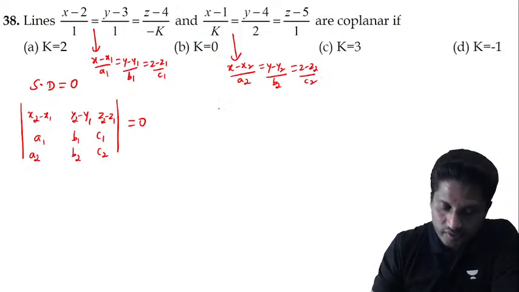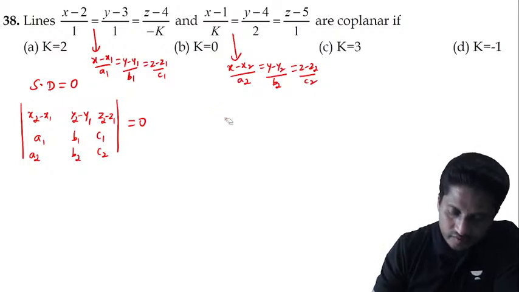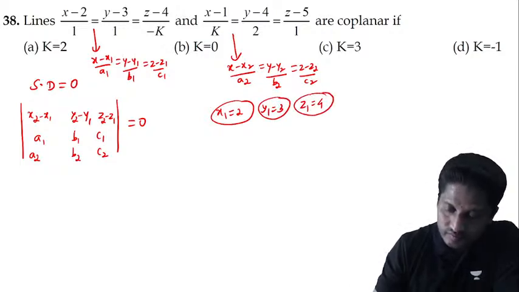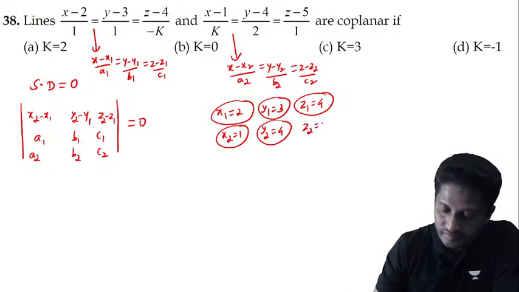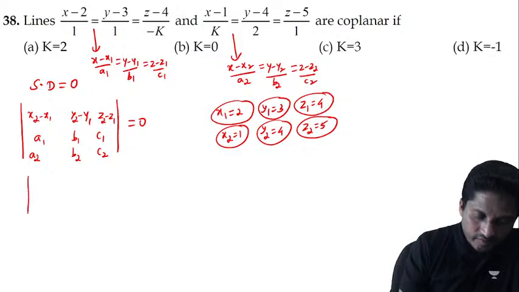So if you compare, x1 is equal to 2, y1 is equal to 3 and z1 is equal to 4. Okay, x2 is equal to 1, y2 is equal to 4 and z2 is equal to 5. Now if I substitute there, determinant equal to 0.